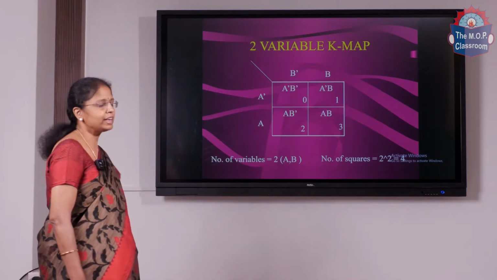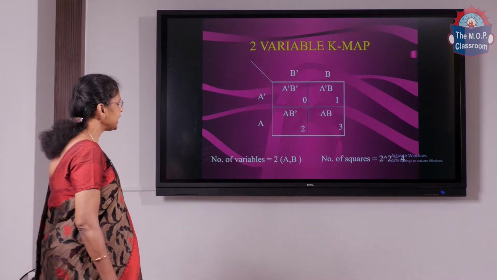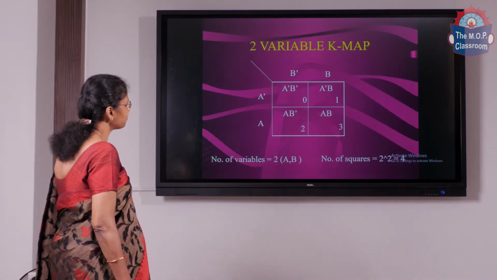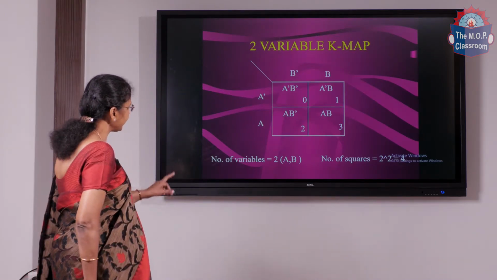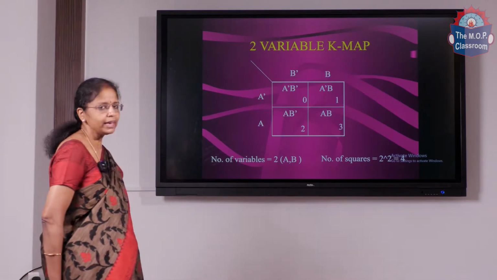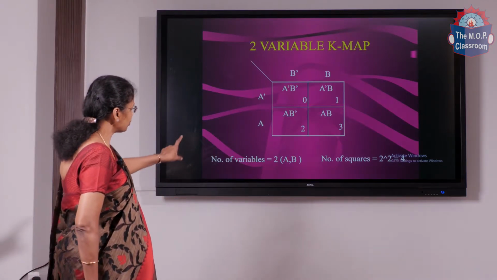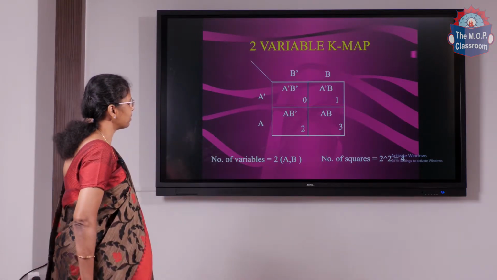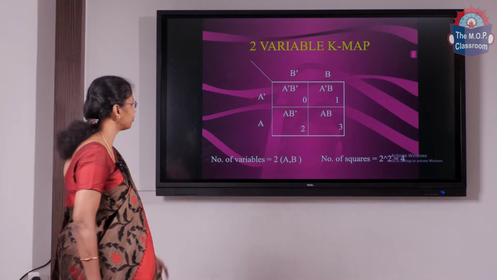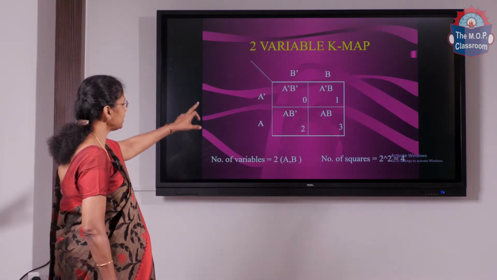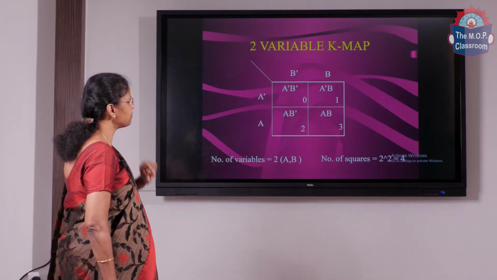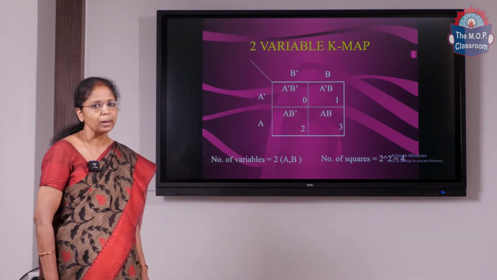Now, what is the meaning of each of these squares? Each of these squares represents a minterm. We have used 2 variables, A the row variable and B the column variable. The first row is represented by A prime, the complemented form, and the second row is the uncomplemented form. Similarly, the first column is B prime and the second column is B.